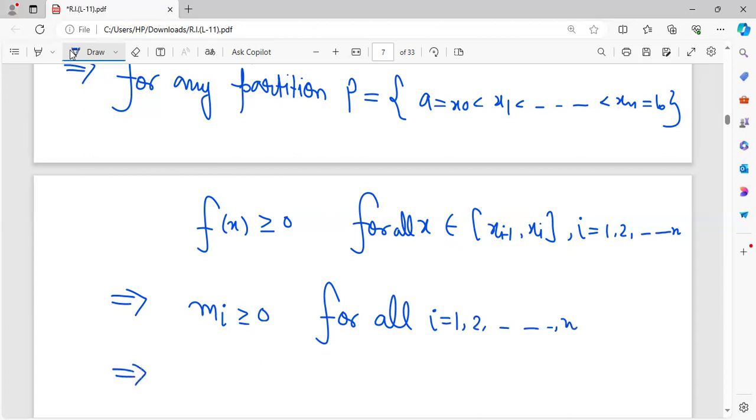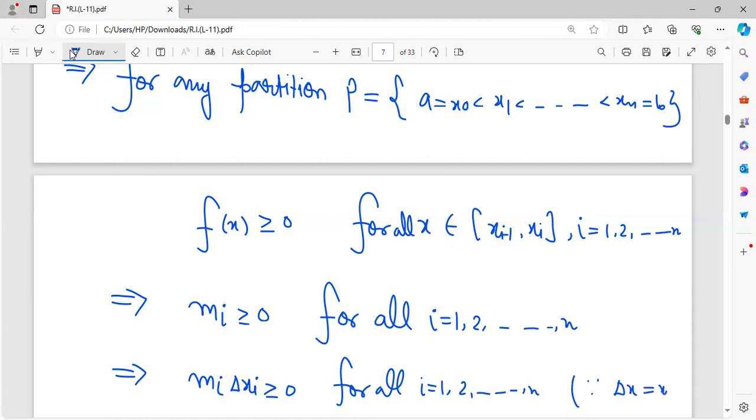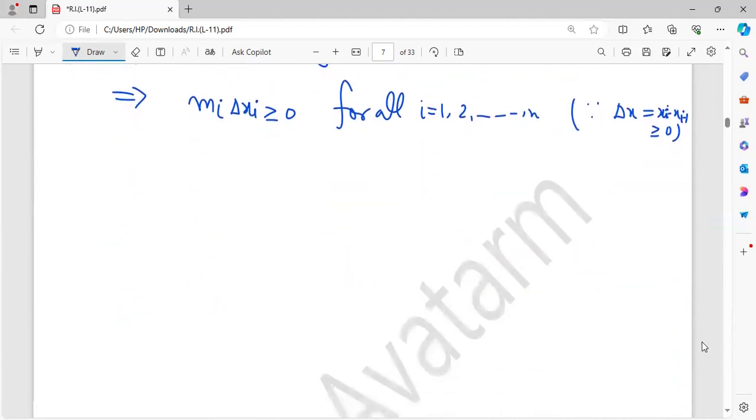So if we multiply both the sides by delta xi, which is equal to xi minus x_{i-1}, that is non-negative, this implies the summation over i from 1 to n of mi delta xi is greater than or equal to 0.